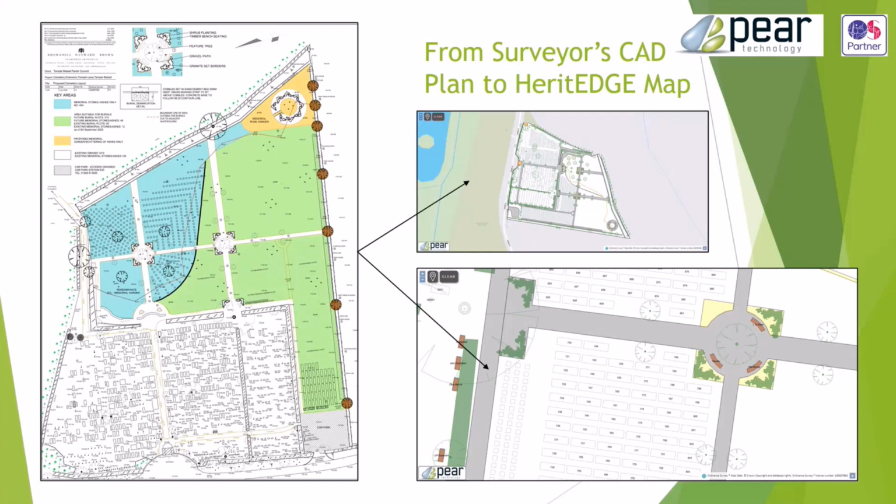We can import that into our mapping system, extract the data we need, process that so that it can then be converted into a web map, and you can see it's nice and accessible via HeritEDGE in the bottom right corner of the screen. Also to point out, we can work with GIS data from other systems as well. Sometimes we've encountered councils where they've already got some mapping in their own GIS system, so we can convert that and bring it across into our system as well.